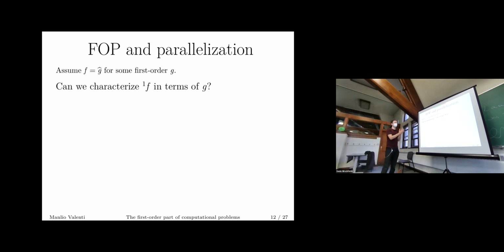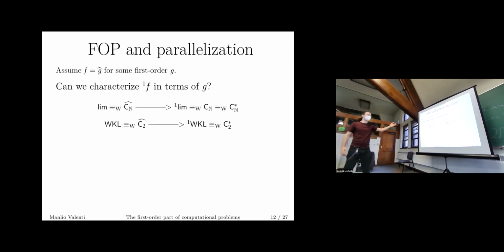as you may notice, in many of the cases that I mentioned, it turns out that F can be written as the parallelization of something which is first order. So F is equivalent to G parallelized, where G is first order. So a natural guess would be, can we actually characterize the first order part of F in terms of G?